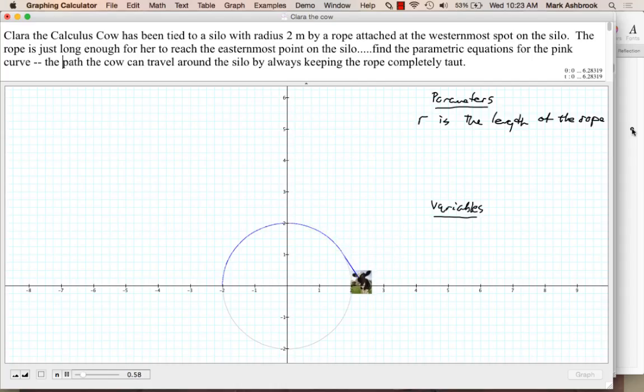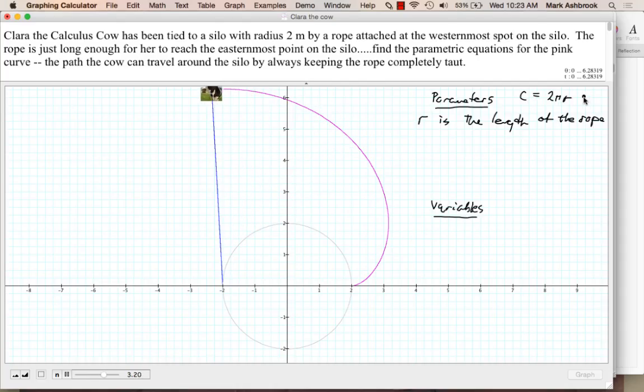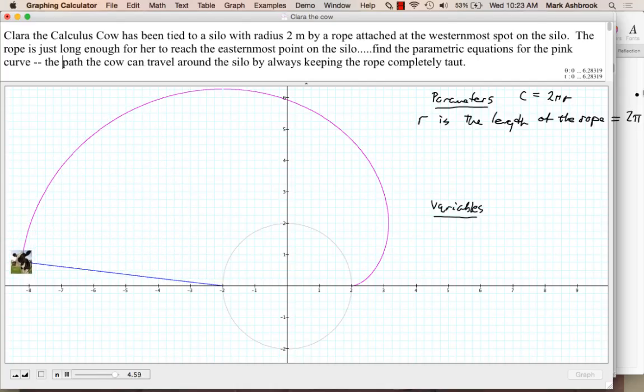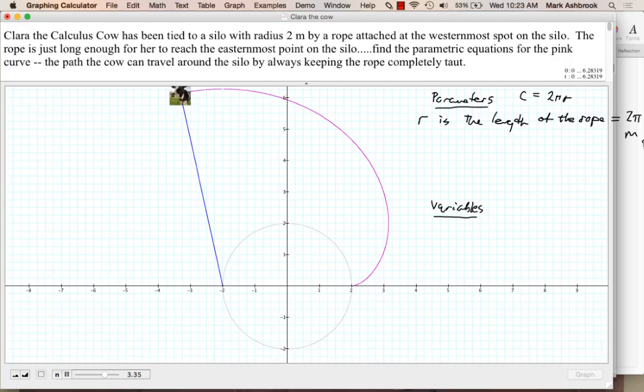That's not the exact length of the rope. Okay, circumference of a circle is 2 pi r, and we want half of that. So the length of the rope is 2 pi meters. Okay, who's next?